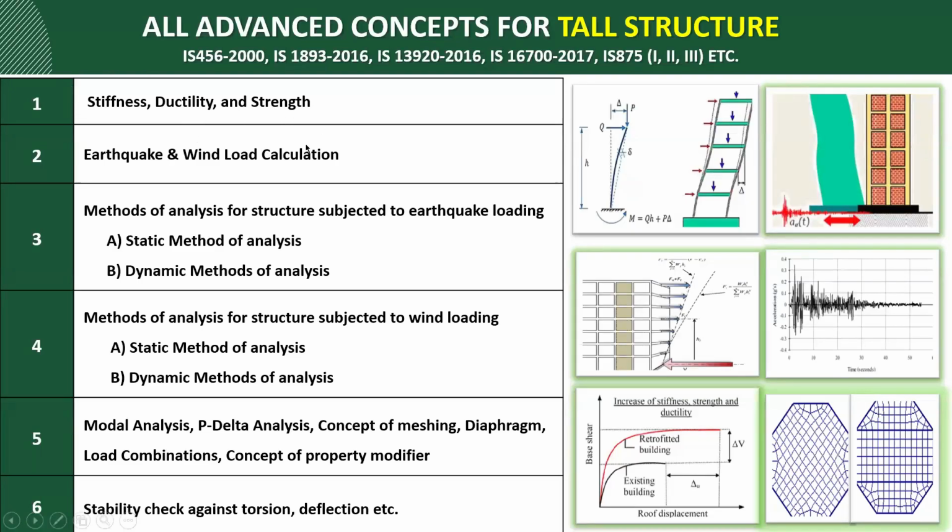These are very important. The overall stability of the structure depends on these three things. What is the definition of them, and how to control them by positioning the columns, shear walls and beams, and by choosing the right material properties, everything.